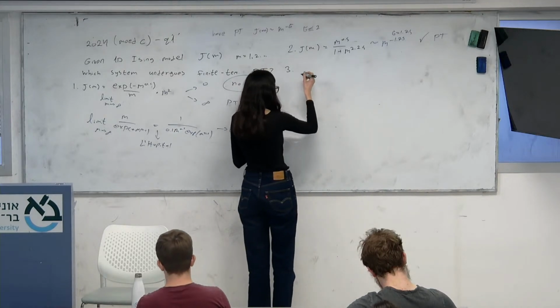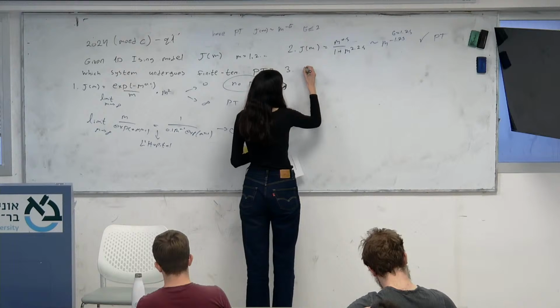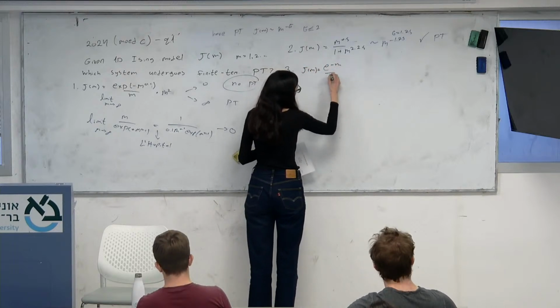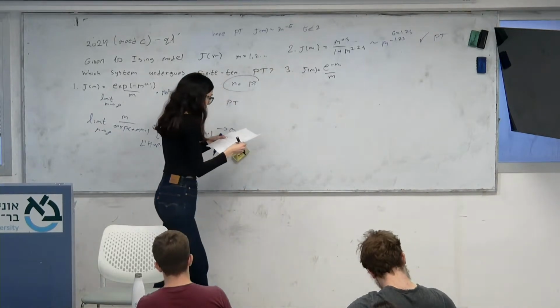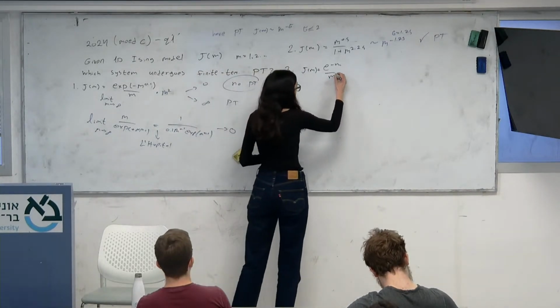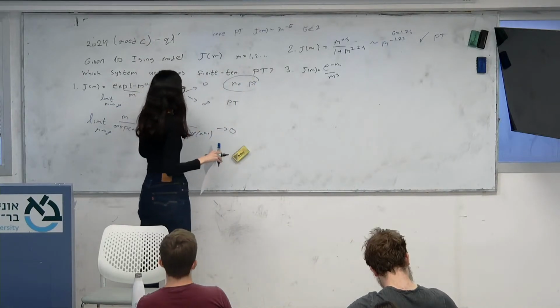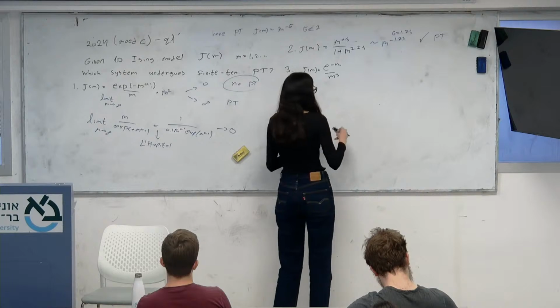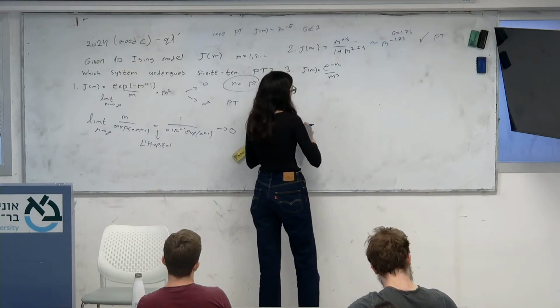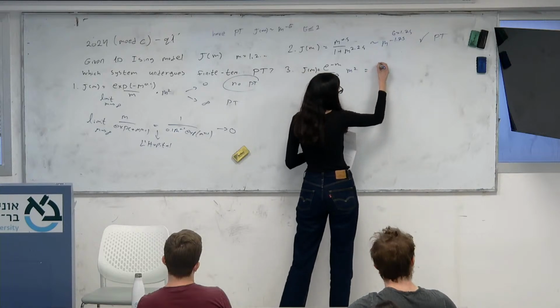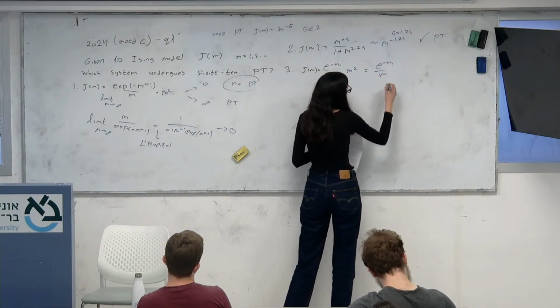For 3, we have j of m equal to e to the minus m over m, so this is like over m cubed. This is very similar to what we initially did. If we multiply that by m squared, this is e to the minus m over m.